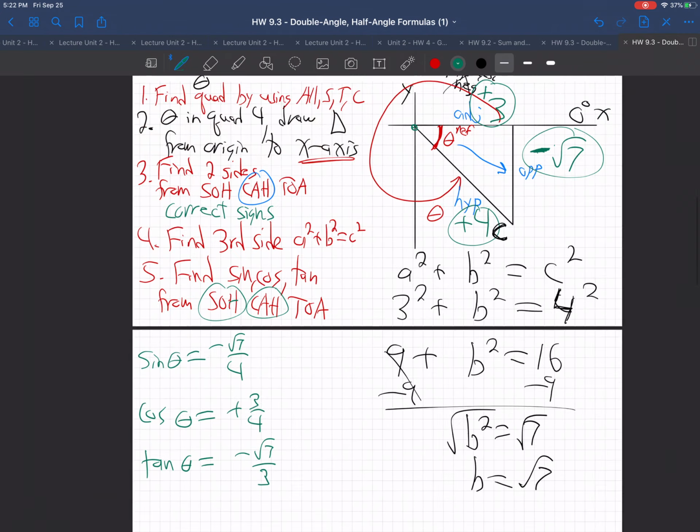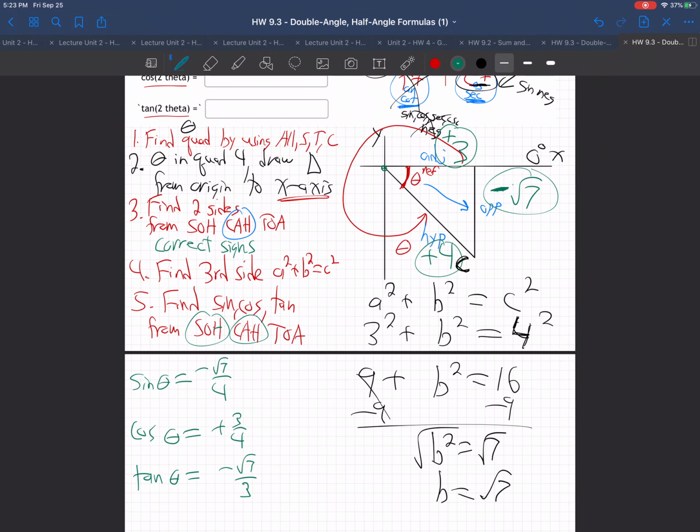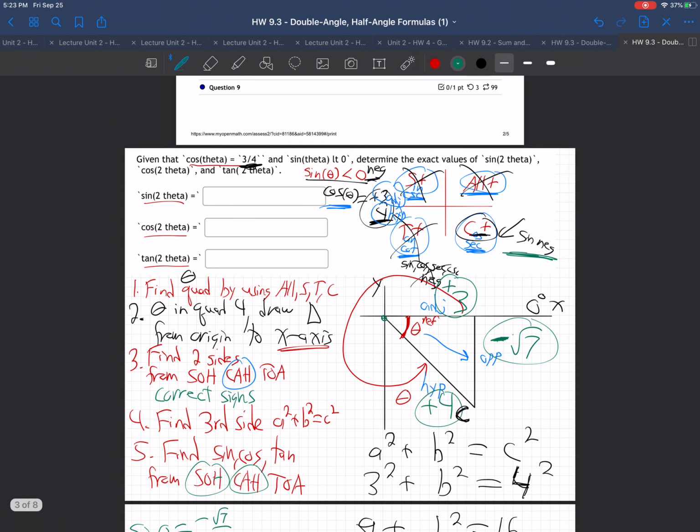And you can double check their signs just to make sure. Remember the all students take calculus thing we talked about in the beginning? Up here, we are in the 4th quadrant. So only cosine is positive. Sine is negative, tangent should be negative, right? Because in the 4th quadrant, all students take calculus, cosine and its upside down function, secant, should be positive.